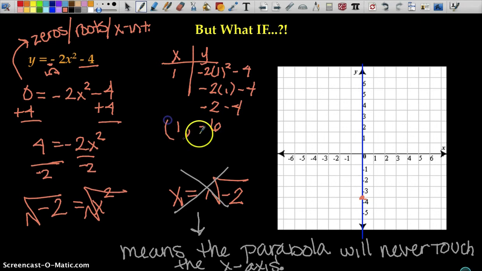So 1, -6 would be a coordinate point. So right here, and it is symmetrical. See how this is exactly 1 spot away from the axis of symmetry? It will be the same over here. So there would be your graph. Oh, that did not connect at all. My bad. Well, you know it's supposed to, so just make it work on your paper.